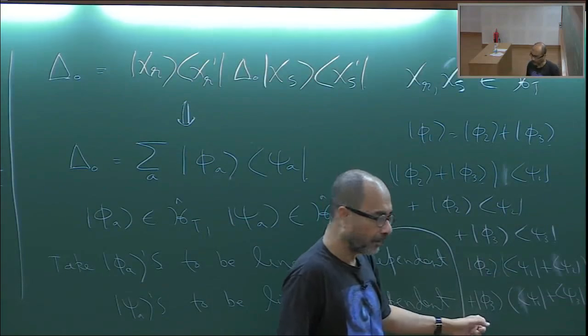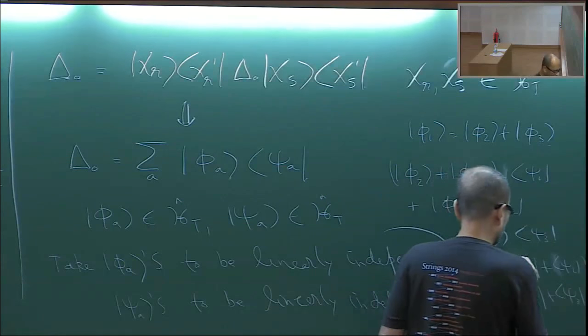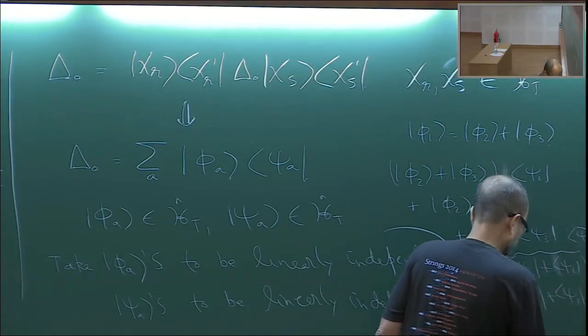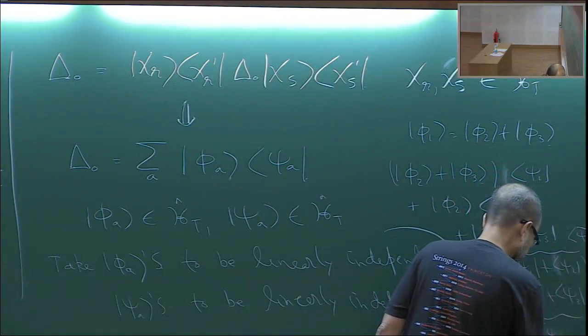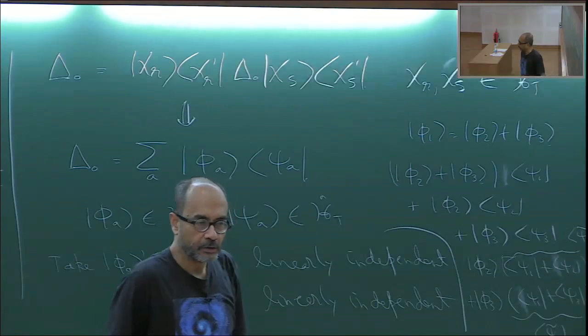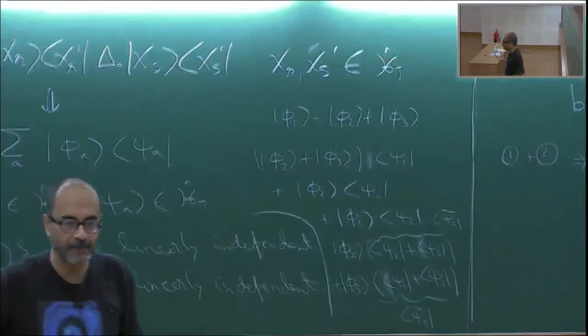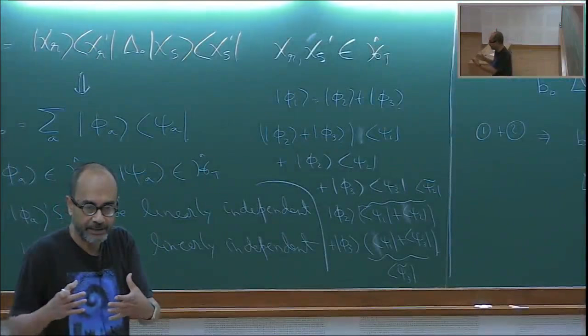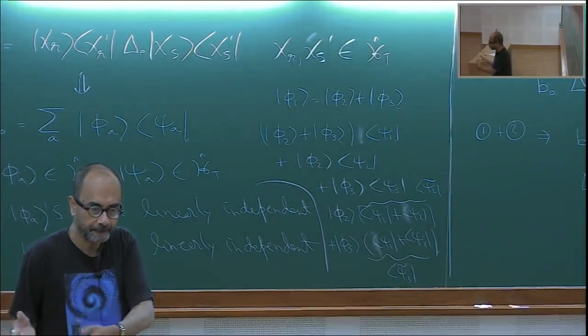So you have reduced the number of terms, and you can declare these as your new psi 2 tilde and psi 3 tilde. So if the phi a's are not linearly independent, you can reduce the number of terms by simply expressing the ones which are not linearly independent in terms of the others.